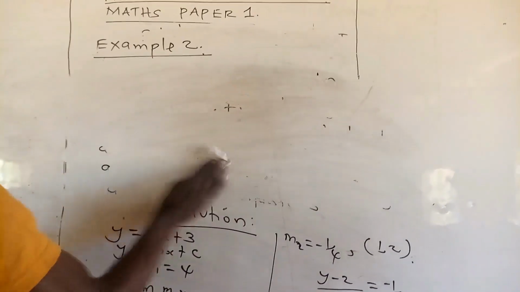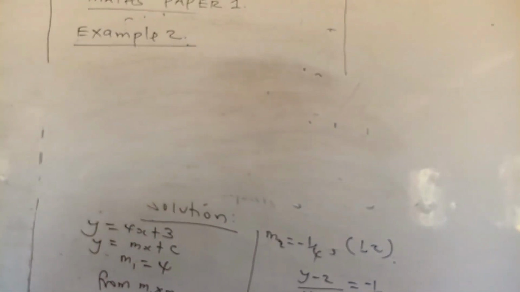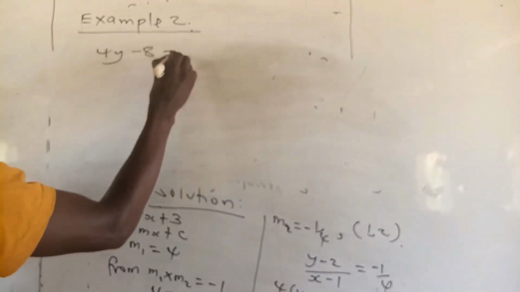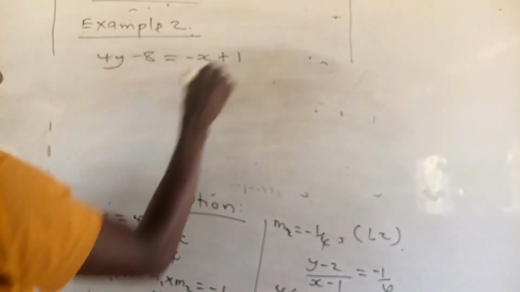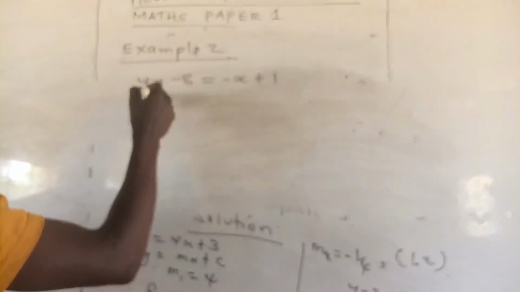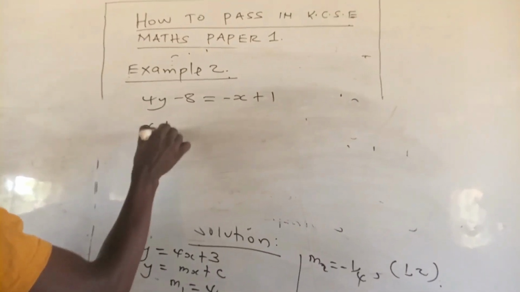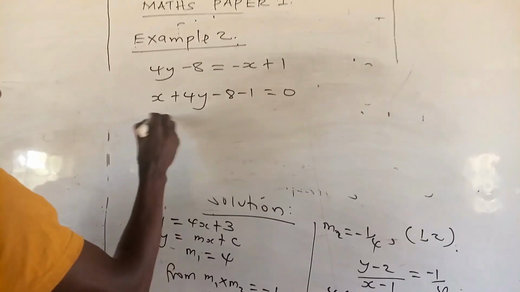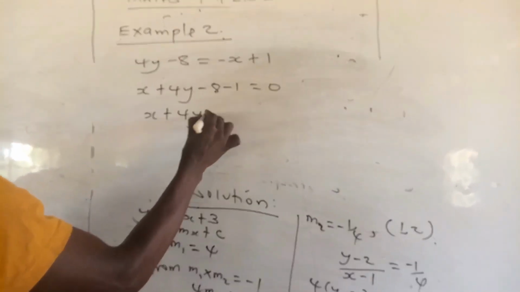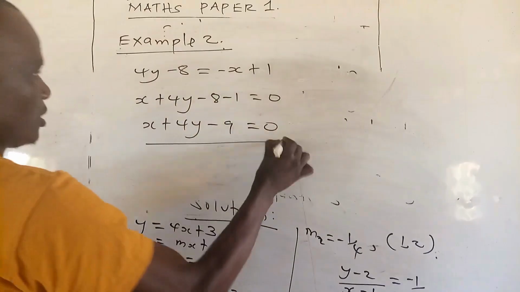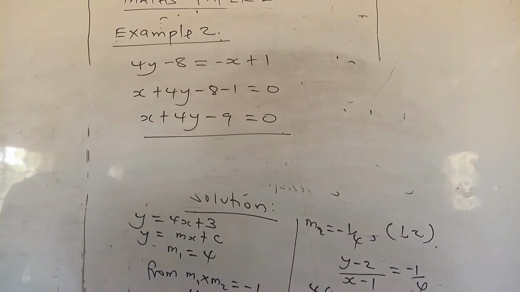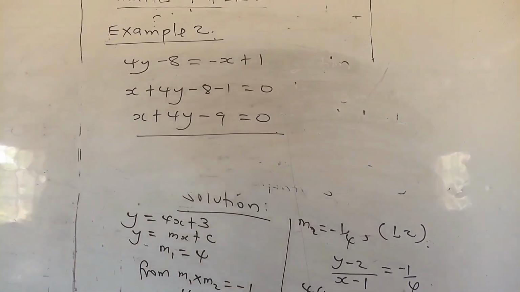If we bring all of them this side, we'll have x plus 4y minus 8 minus 1 is equal to 0. So x plus 4y minus 9 is equal to 0. So that becomes our general form that we were looking for.